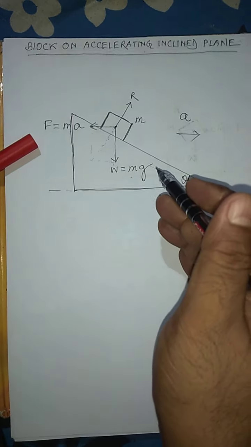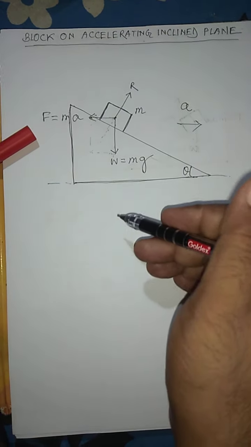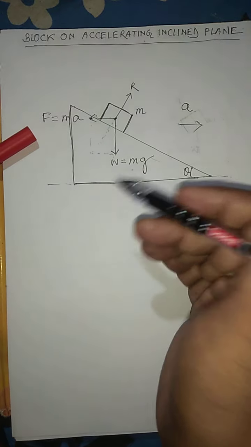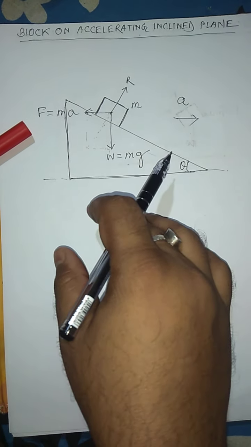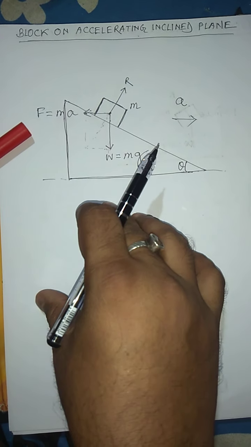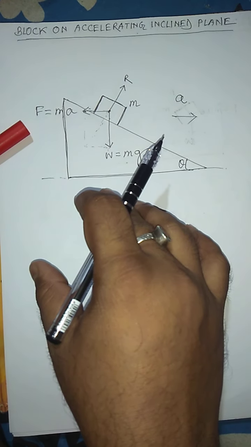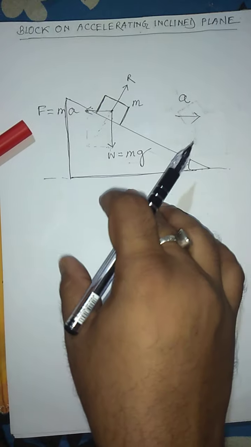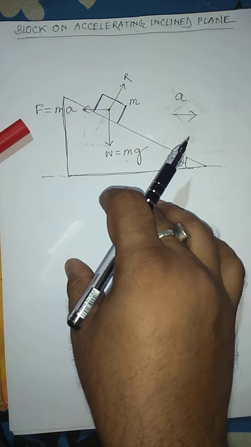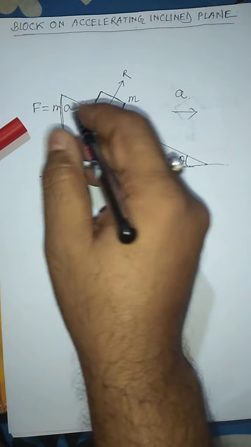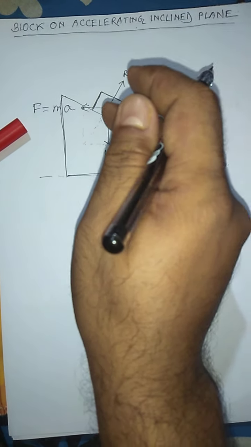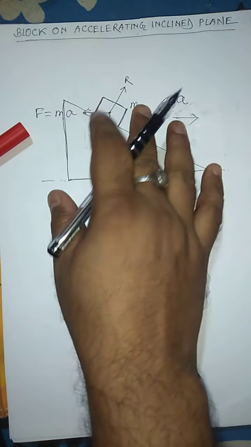Hence, we can apply Lamy's theorem, which has already been stated in the past video. Now, before we apply Lamy's theorem, we should know the angle between the directions of each pair of the forces.